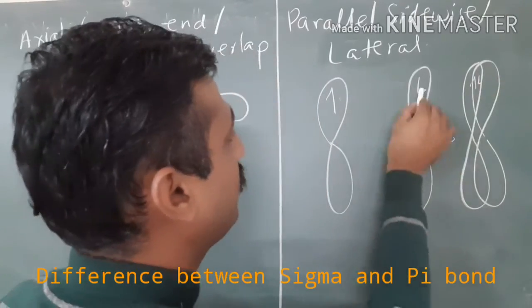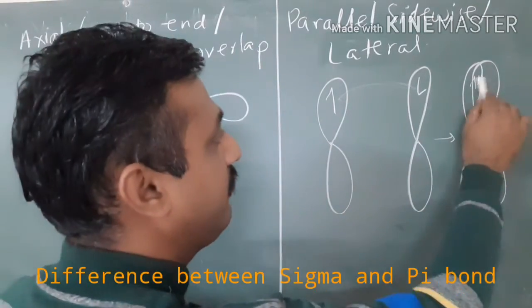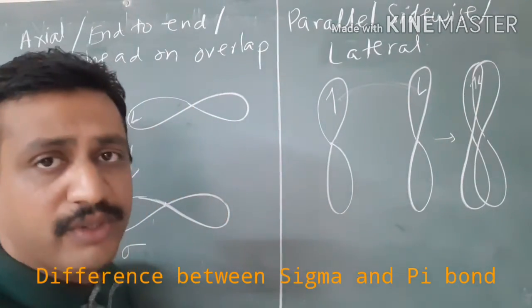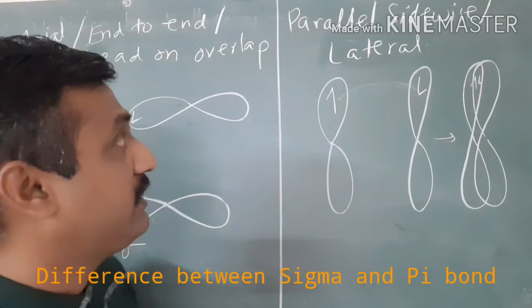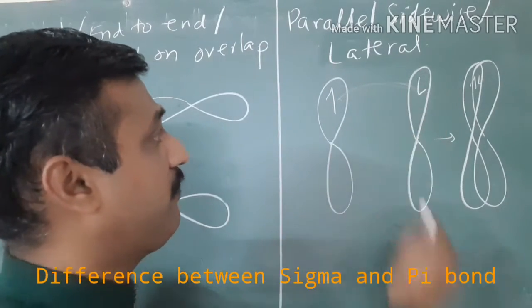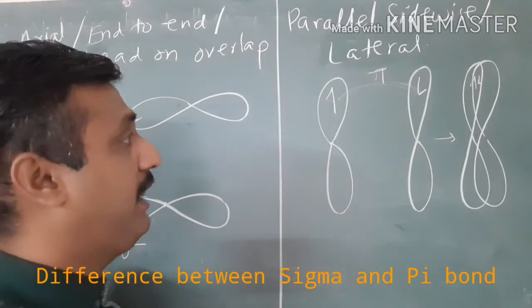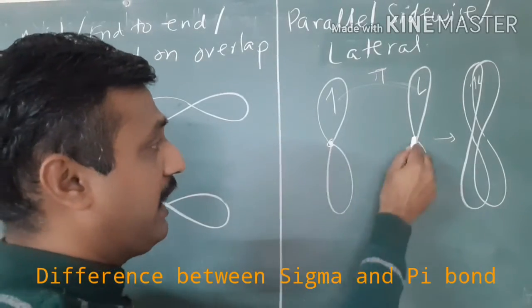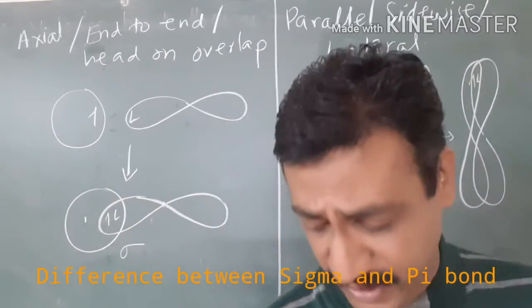Generally we represent it like this, but these two orbitals come closer and here there will be a formation of the pi bond. This type of overlapping, which we call parallel, sidewise or lateral overlapping, results in the formation of a pi bond. We are representing it like this. Here both the nuclei and electrons are not in one plane, they are in different planes.